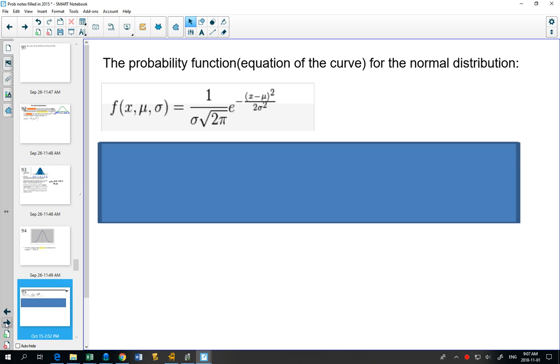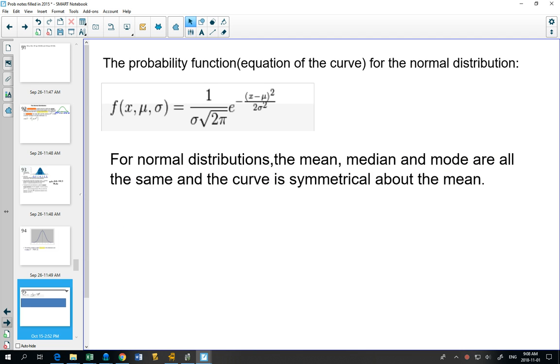Here's a formula you do not need to know. Is it in your book? I don't think we even include it in your book. Here's the function that takes the mean, the standard deviation, and any score into consideration, and calculates that curve.